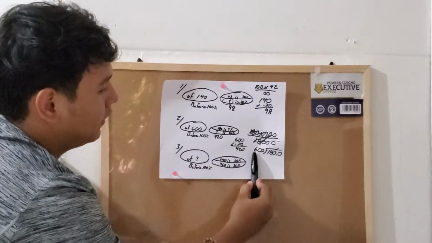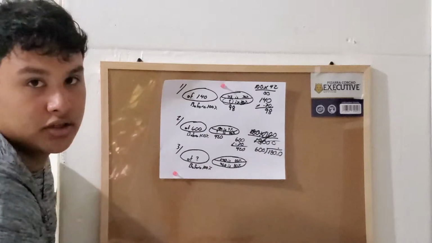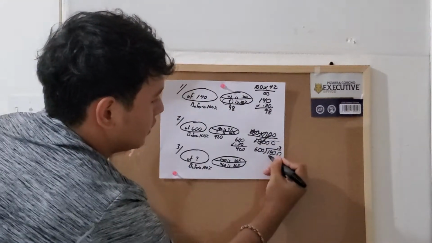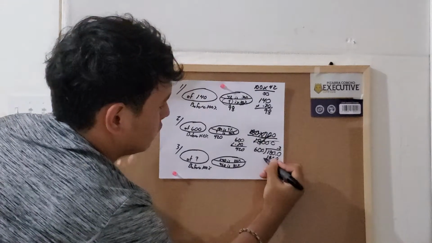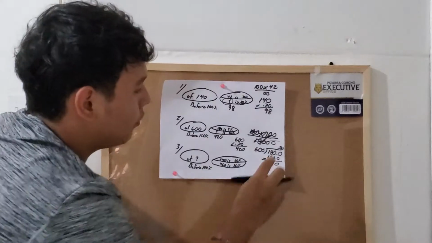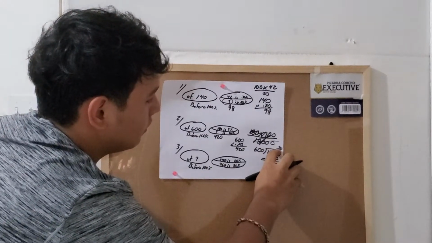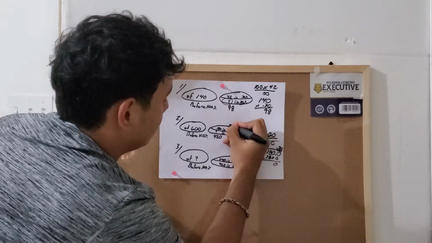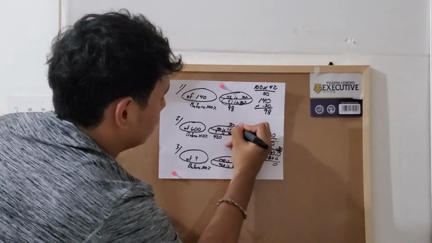What number fits in 1,800? 3, right? Then we put another 0 and we move the decimal twice. So the percent is 30%.